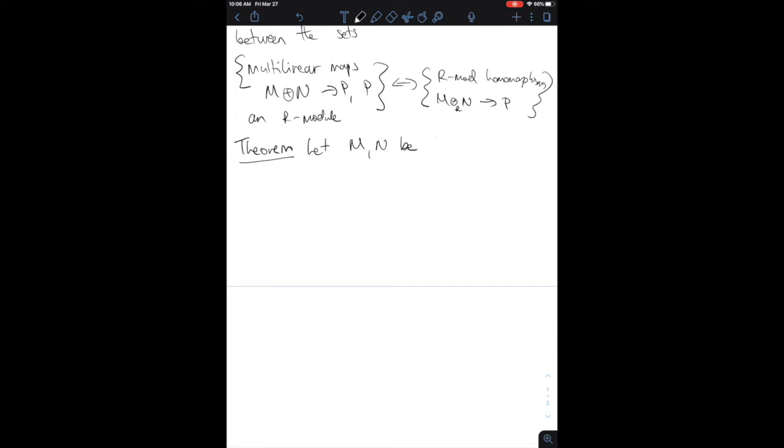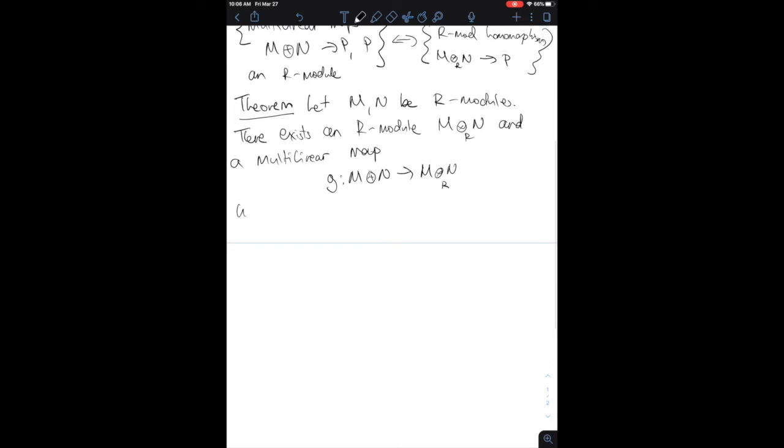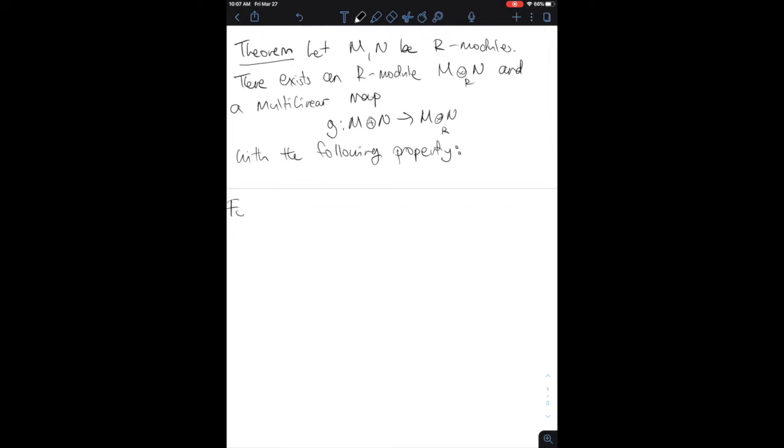So let M, N be R modules, then there exists an R module M tensor N and a multilinear map G from M plus N to M tensor N with the following property. And we call this following property the universal property of the tensor product.